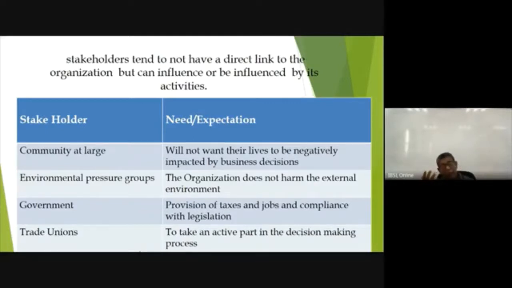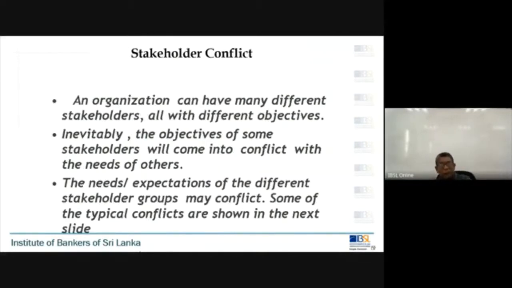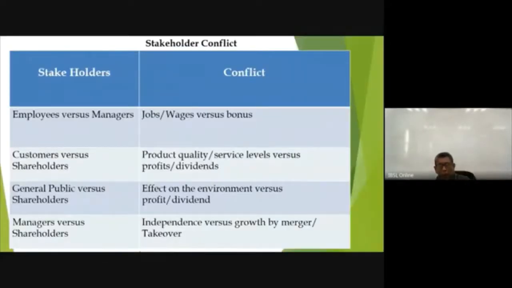Then there will definitely be conflict between these expectations. In order to address these stakeholder conflicts, we need to identify where the conflicts come from.